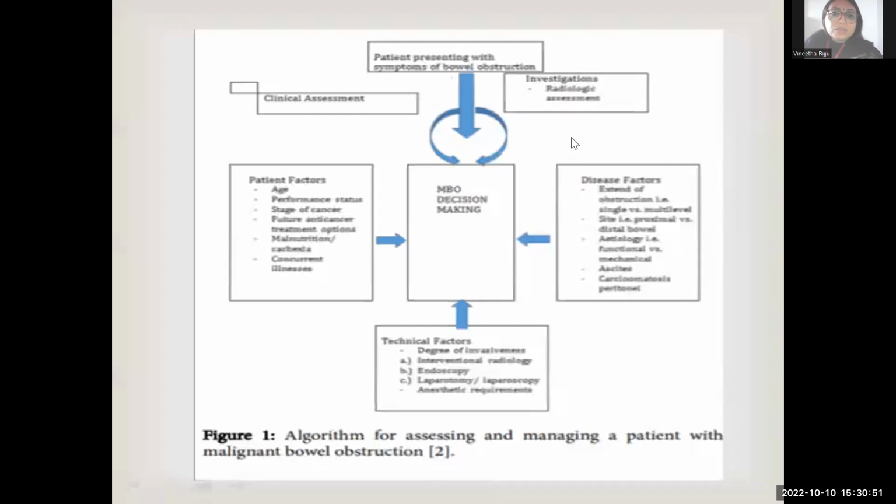So the patient who is presenting with symptoms of bowel obstruction, you do a proper clinical assessment. You look for the abdominal distension. You look for bowel sounds. If you just take the stethoscope and place it on the abdomen of the patient and you listen, sometimes you can hear the bowel sounds. If you hear the bowel sounds, it is probably a good sign because there is still some movement of the intestine.